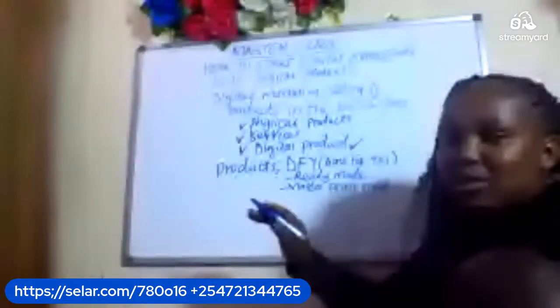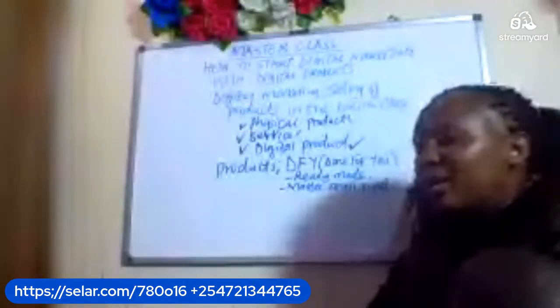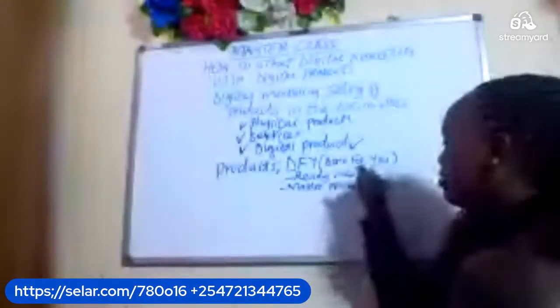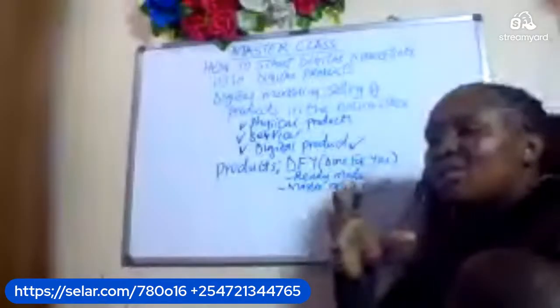Betty says no, she doesn't know how to create one. Betty, I also didn't know how to create one. And when I saw an opportunity in the online space, I was kind of wondering, how do I create this digital product? And that is when it dawned on me that I needed to invest and start with a done for you digital product that came with a ready-made website.